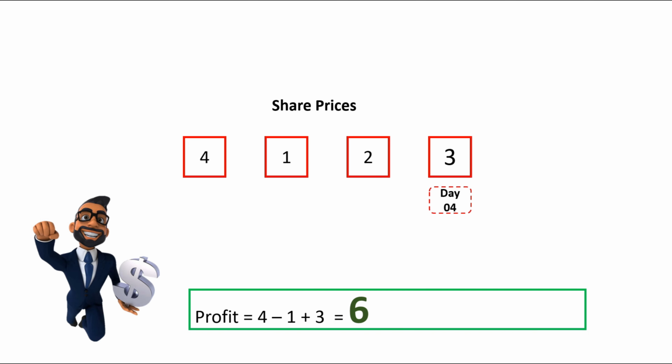So this would be the approach to solve this problem: we have two decisions to make based on the asset. Do we have an asset? Then selling is possible. This is one binary, and we look at whether the current day's price is greater than that of the second day. If it is greater, that means we make profit today and tomorrow we would make losses, so we sell it.